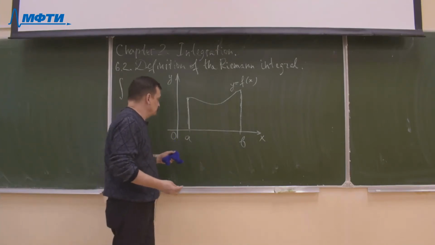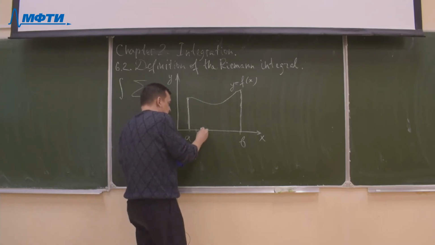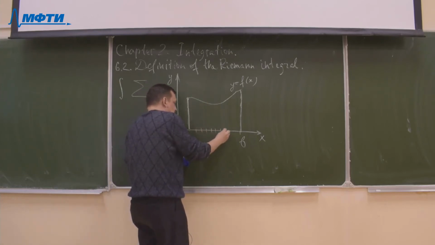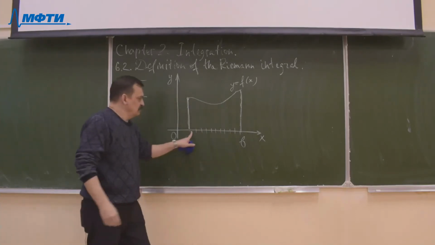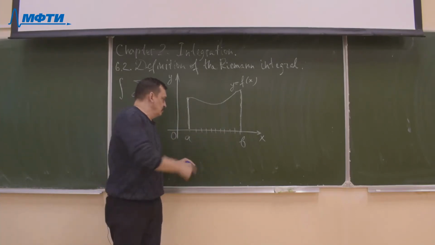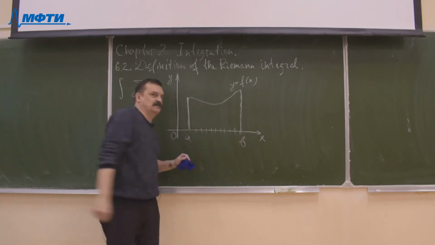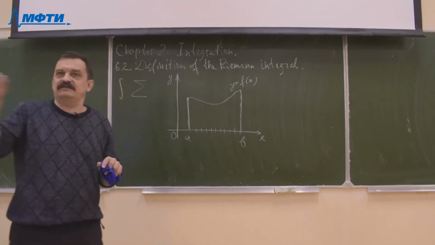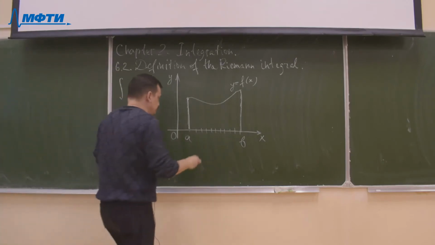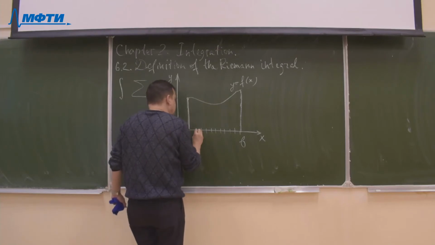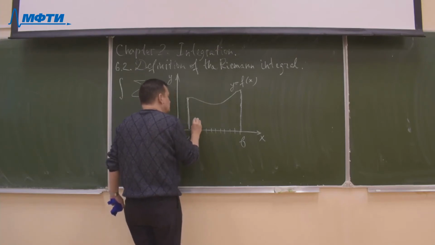How? The idea is the following. We take small intervals, we split our interval AB into small intervals, and we approximate.